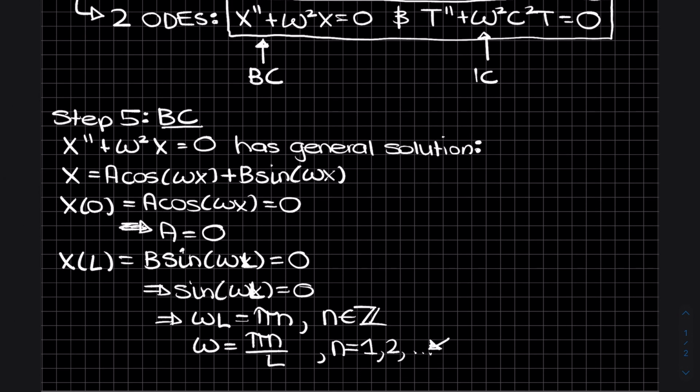So because that equals 0 is also the trivial solution and we don't care about the trivial solution, we're starting at n equals 1. But if we had Neumann boundary conditions, this eigenvalue here would start at n equals 0, 1, 2, and so on. But for Dirichlet boundary conditions, it starts at 1.